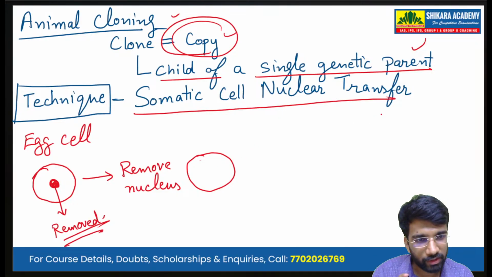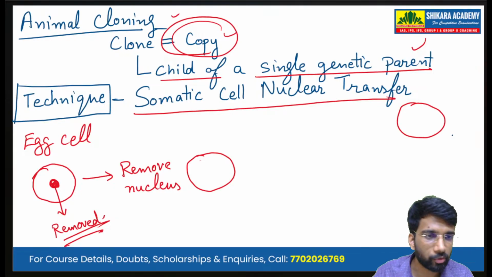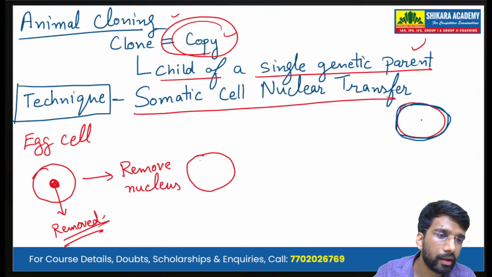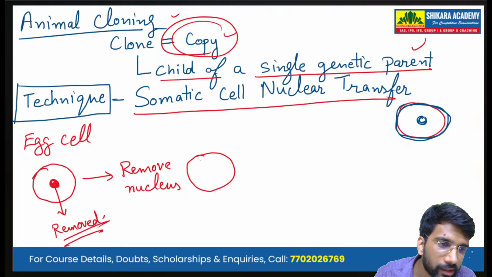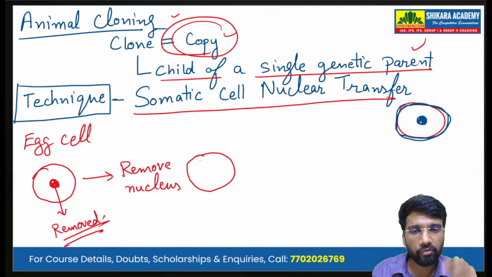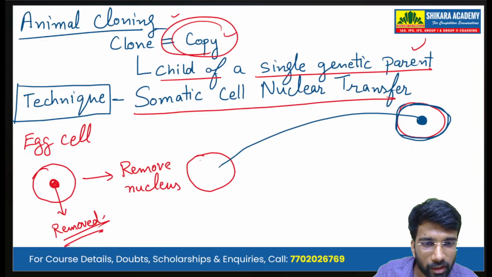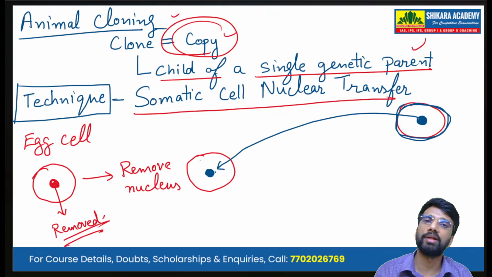Now we take a somatic cell. If this is my somatic cell, and this is the nucleus of the somatic cell, now we transfer this particular somatic cell nucleus into the body of the egg cell.